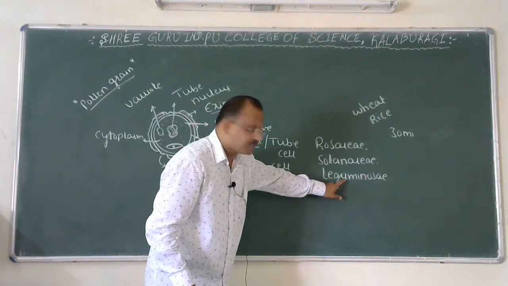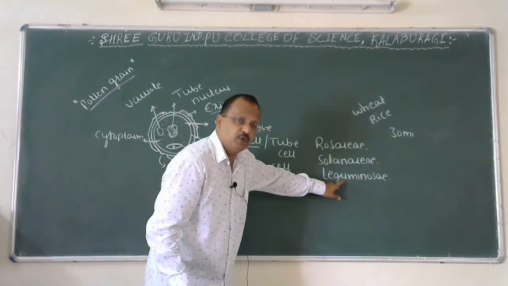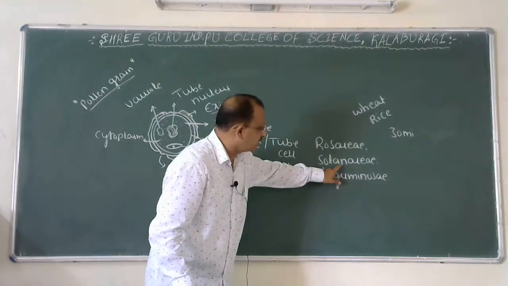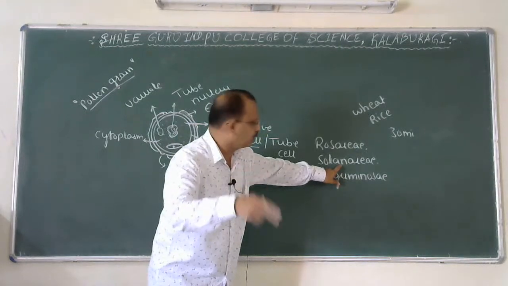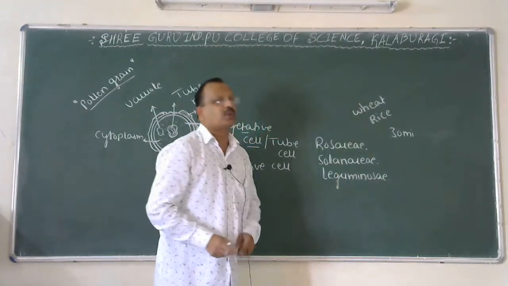All pulses belong to family Leguminosae. Solanaceae is brinjal, potato; all come under the family Solanaceae.